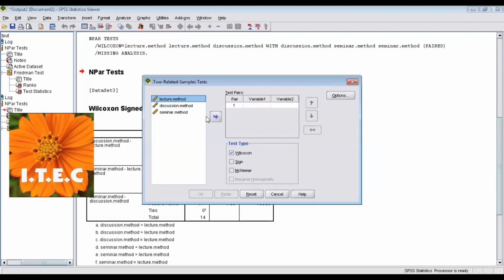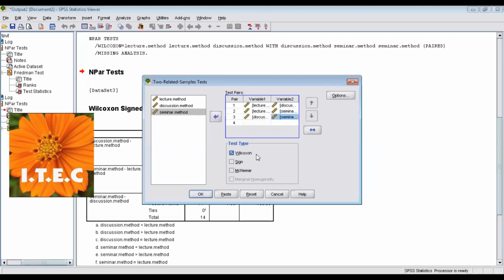Here you are comparing the lecture with the discussion, lecture with the seminar, and discussion with the seminar.